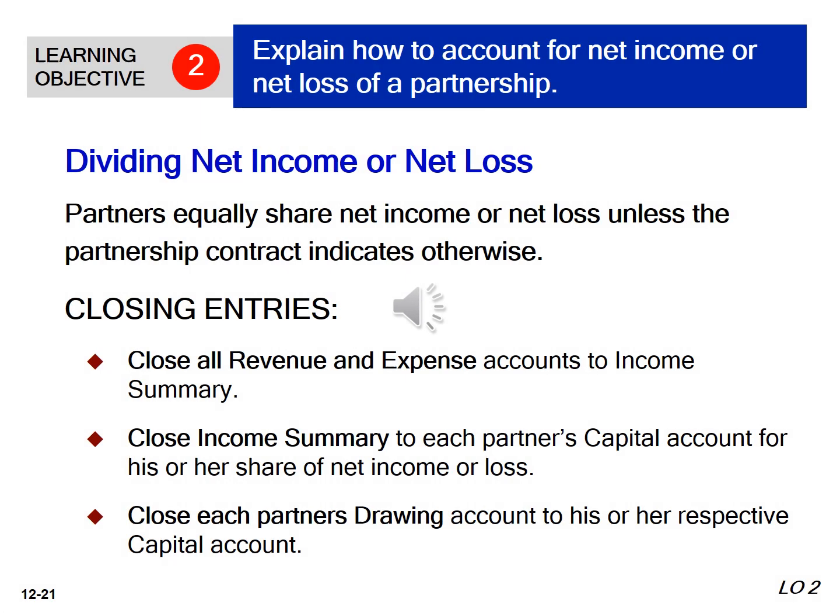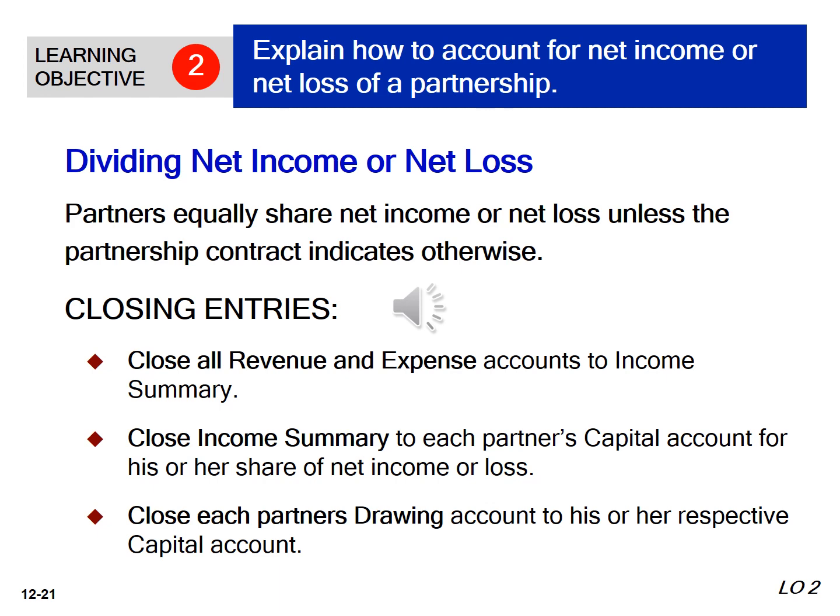Now let's move on to the second learning objective of this chapter, which is to try to explain how to account for net income or net loss for a partnership. So how do we divide net income or net loss? The partners equally share net income or net loss unless the partnership contract or the partnership agreement indicates otherwise. And how do we do this?